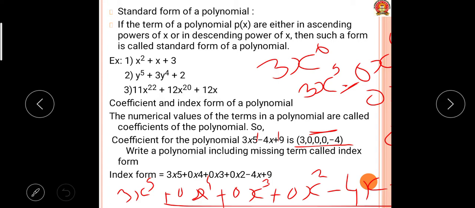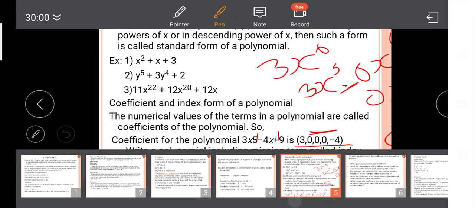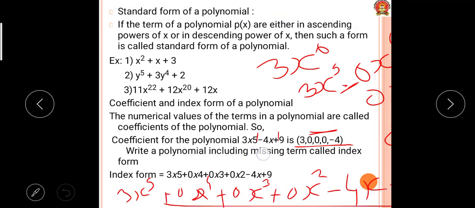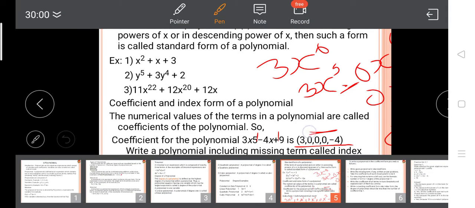For example, here the power 3 and power 2 terms are not there, see the example: 3x raised to the power 5 minus 4x plus 9. They are not there, and therefore we take the coefficient of these as 0.